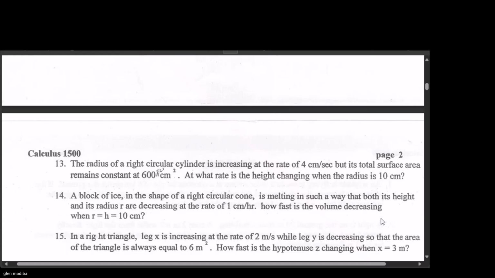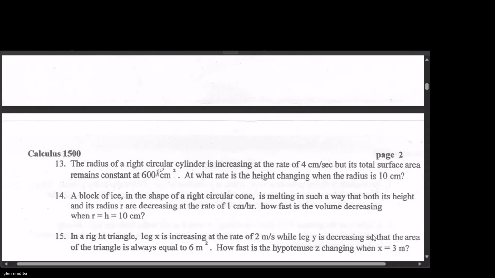Then they gave us that the area is equal to 6 meters squared. I figured I would need to relate the area to dy over dt to get a value for dy over dt, but I couldn't figure out how to relate those two.